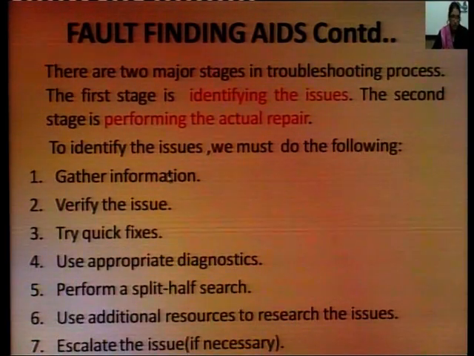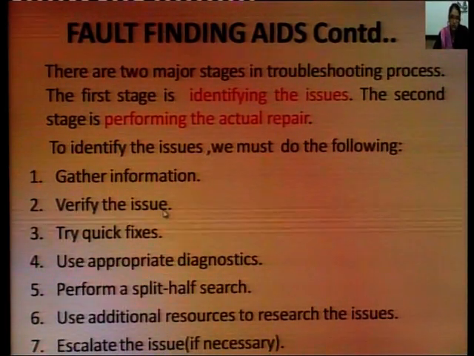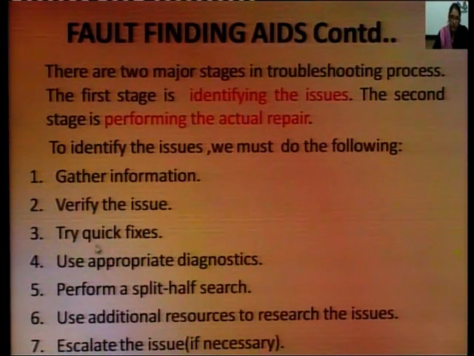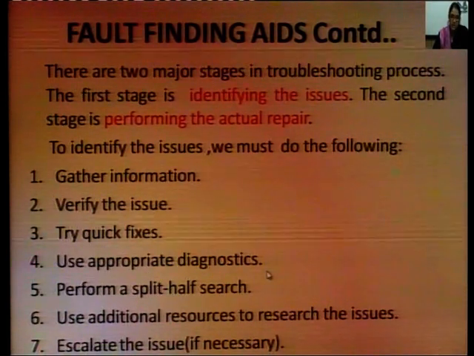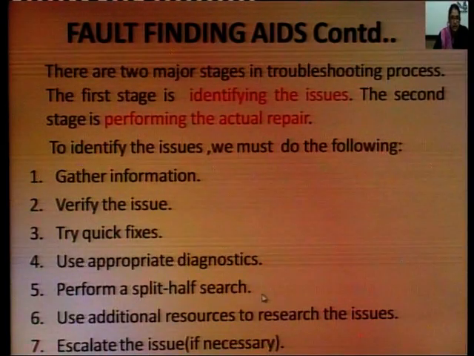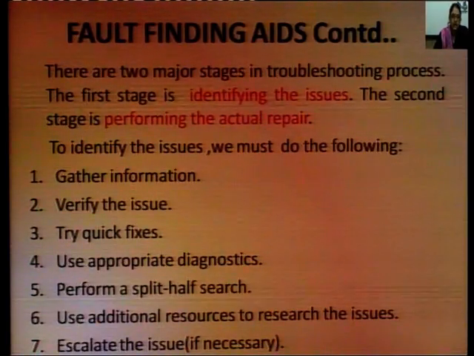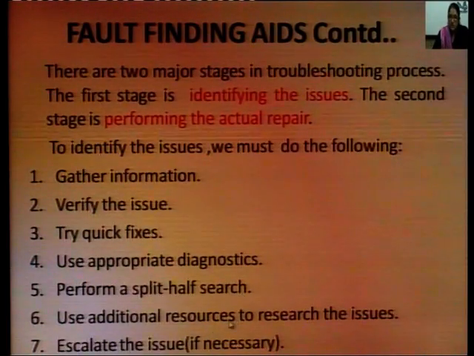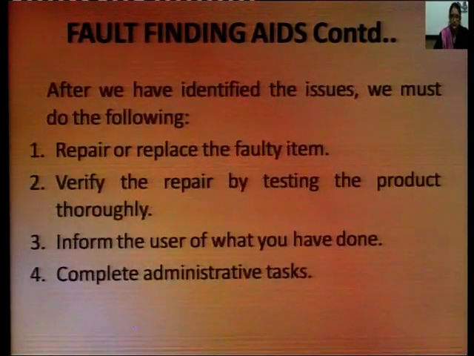First one is to gather the information about the problem, to verify the issue, and to try quick fixes and use appropriate diagnostic processes, perform a split half search, which is a kind of divide and conquer technique to rectify the issues that have been raised in the system, to use additional resources to research the issues, and last is to escalate the issue if necessary.